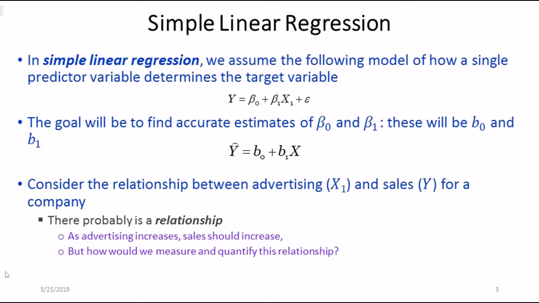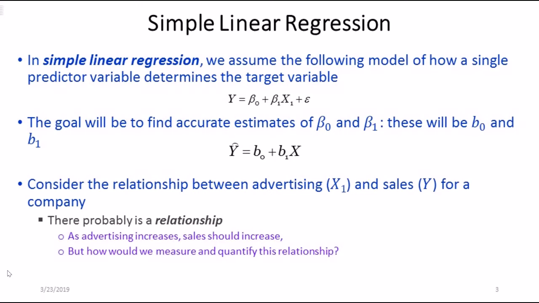Now consider the relationship between the predictor variable advertising and the sales, which is the target variable for a company. As advertising increases, sales should increase as well. But how would we measure and quantify this relationship?